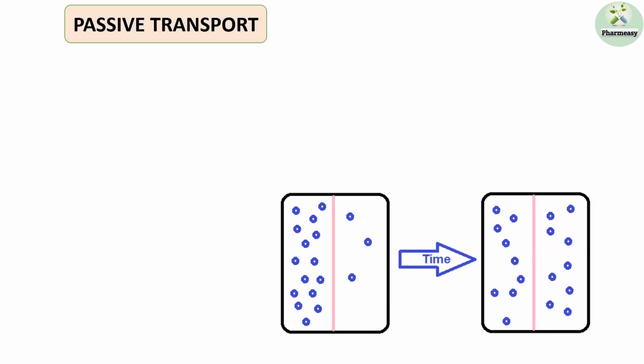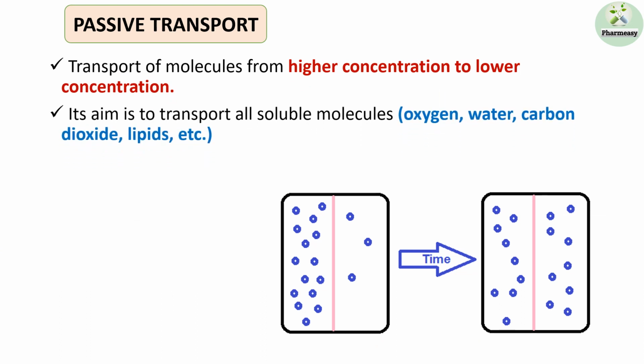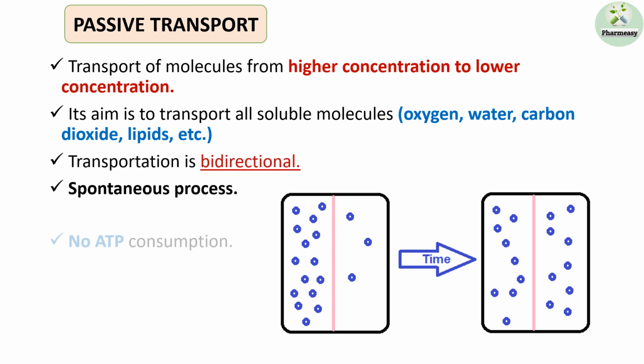So, first one is passive transport, movement of molecules or ions from higher concentration to lower concentration. It transports water-soluble molecules such as oxygen, carbon dioxide and lipids. It is generally bidirectional and no expenditure of ATP.